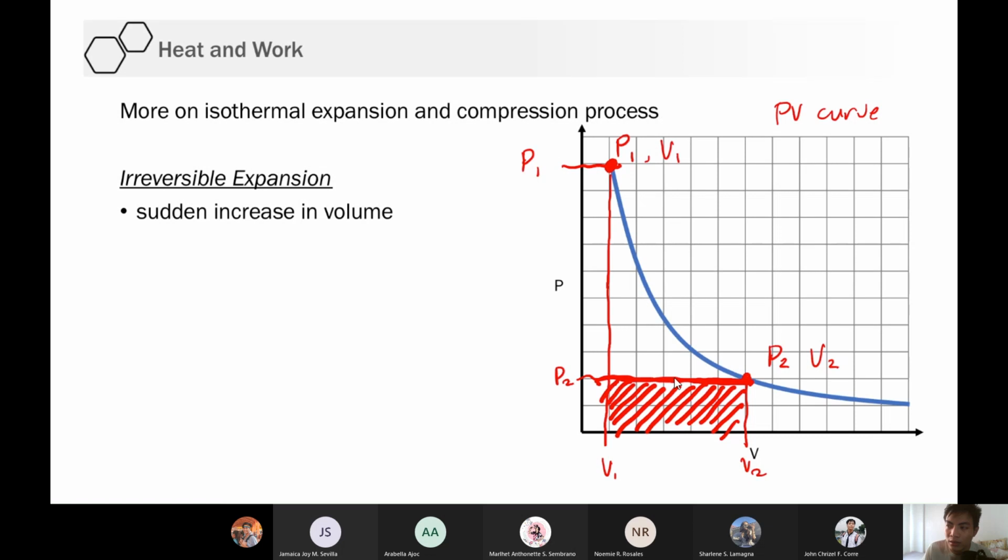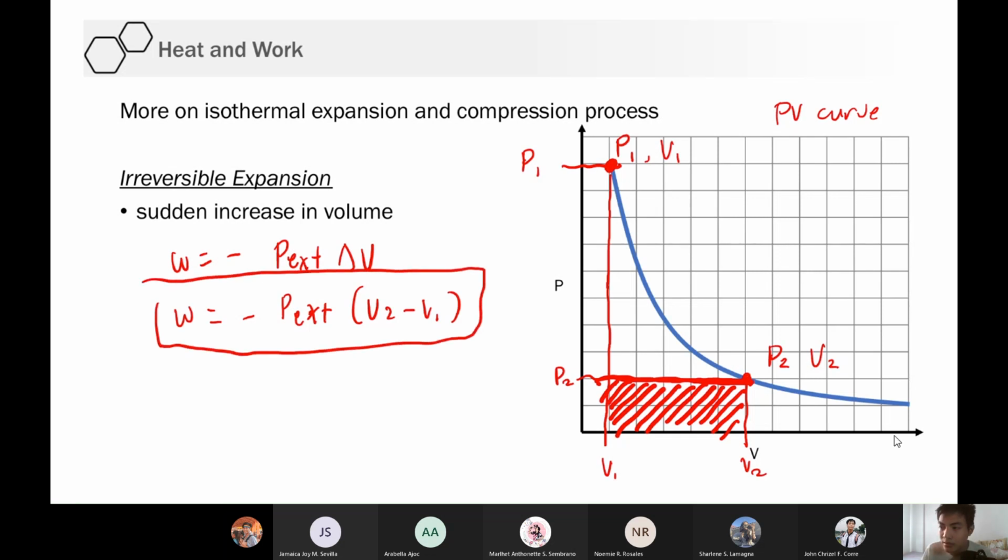So to get the work, itong square na lang yon. So this portion na lang. So what is the area of the square? So that is negative P external delta V, or negative P external (V2 minus V1). Yan ang equation dyan. Irreversible.